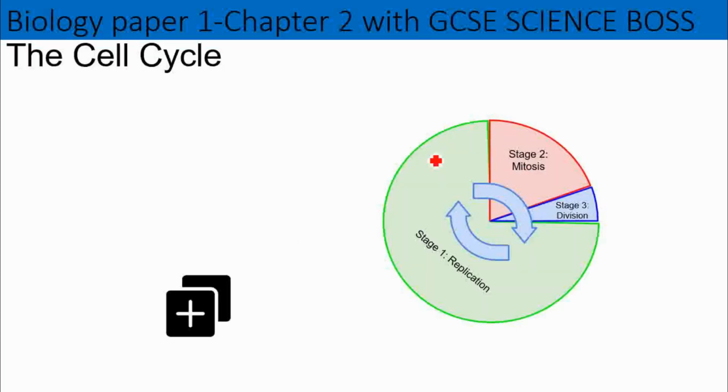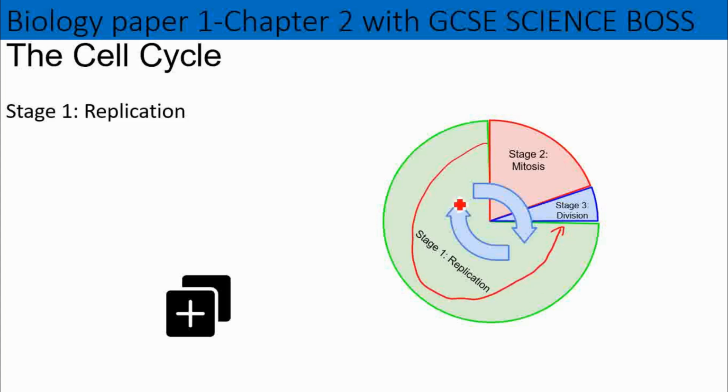Now a cell goes through the following life cycle, and we refer to that life cycle as the cell cycle. In stage 1, as you can see, the majority of the life of the cell is spent here, where the cell is replicating. Lots of things happen here.